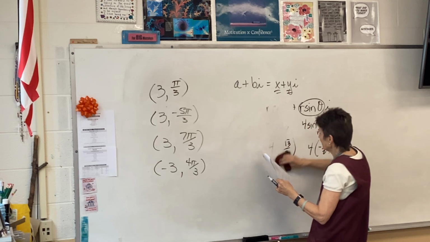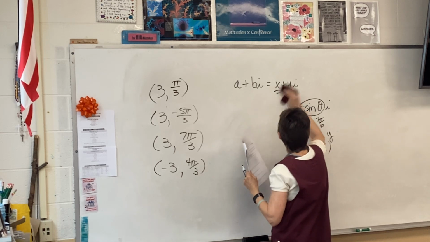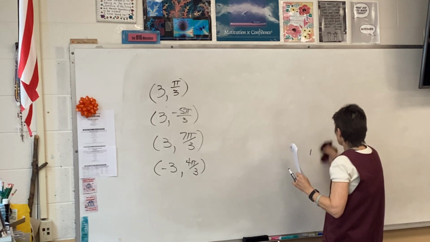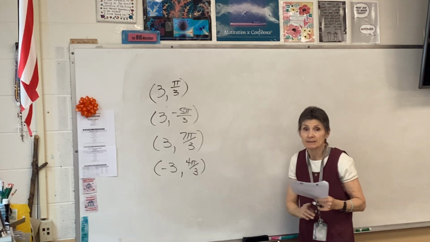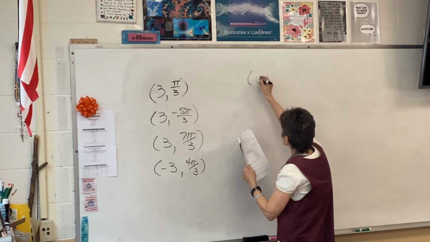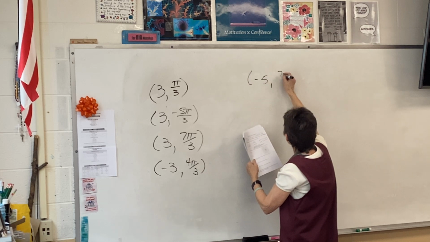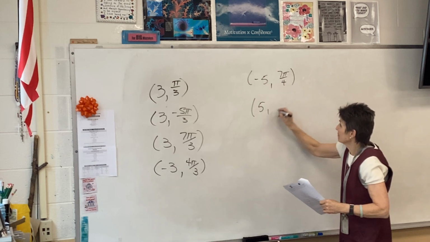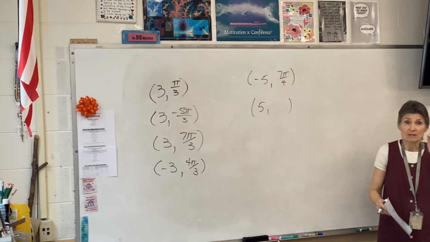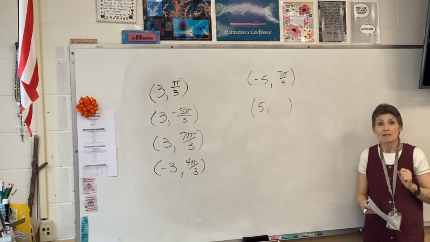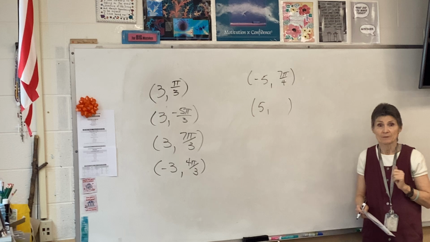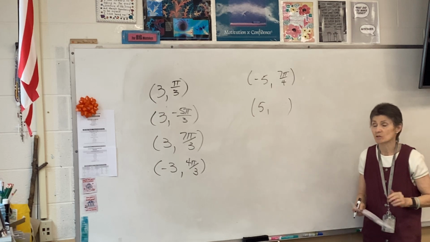All right, negative 5 comma 7 pi over 4. I have a hard time plotting negative r's, so I'm going to start this one by rewriting it as a positive 5. Now, if I change to a positive 5, then that angle is going to be altered halfway across the circle, pi across the circle.